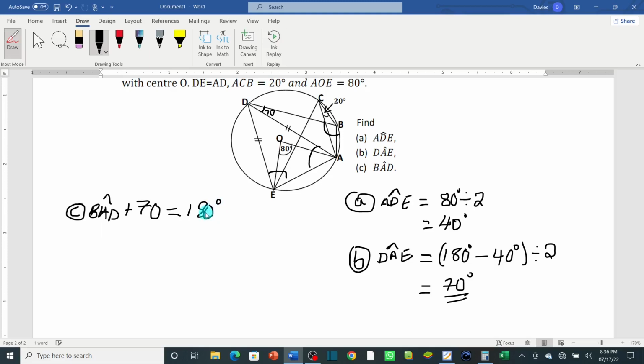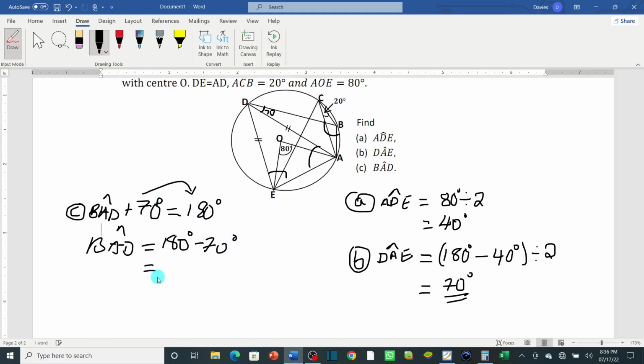So now this will cross to the other side, where BAD is going to be 180 degrees minus 70 degrees.